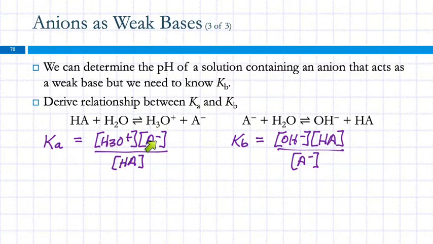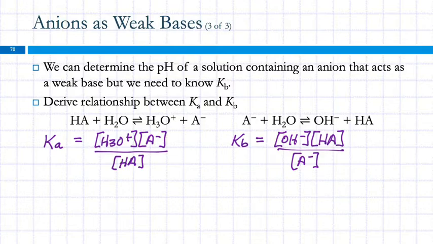So I've got A minus and HA in both of these, right? So if I rearrange them so I get A minus and HA on one side and the other stuff on the other side, then I can say that they're equal.